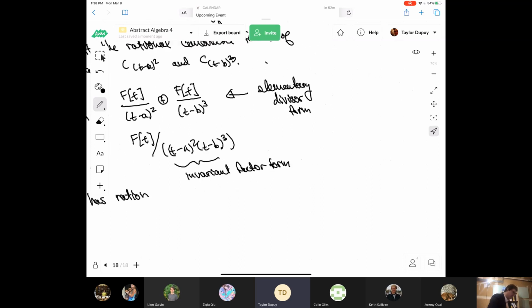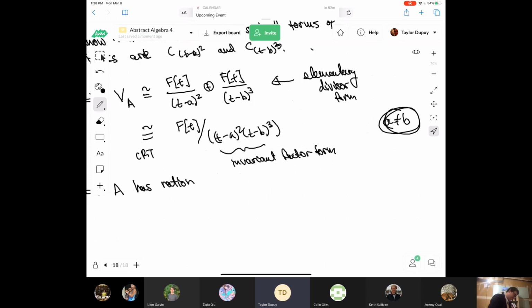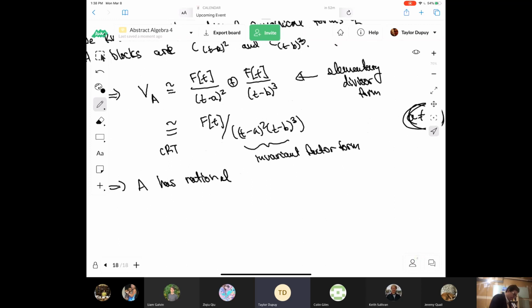Of course I'm supposing that a is not equal to b this whole time. It has rational canonical form the companion matrix of this mess. Then you can expand that out and figure out what the coefficients are, but I'm not going to do that.